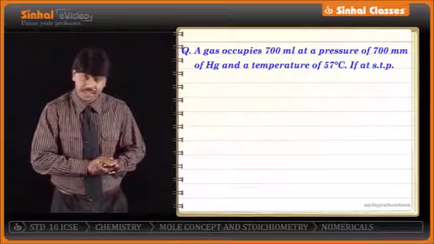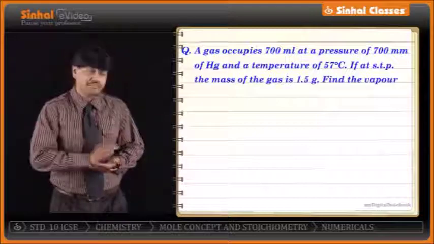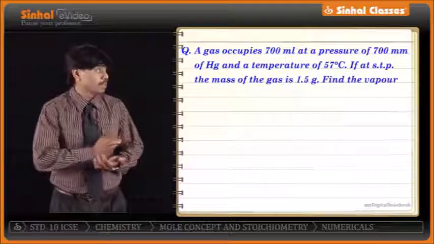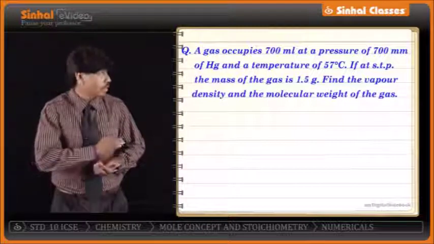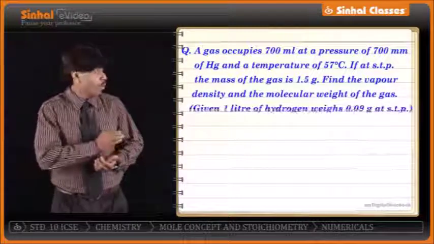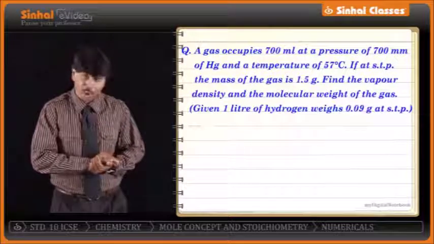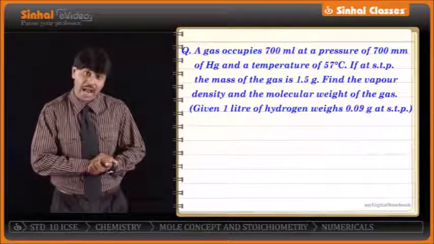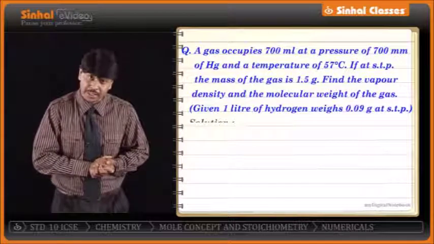If at STP the mass of the gas is 1.5 grams, find the vapor density and the molecular weight of the gas. Given to us is 1 liter of hydrogen weighs 0.09 grams at STP. Now, how to go for the solution part?